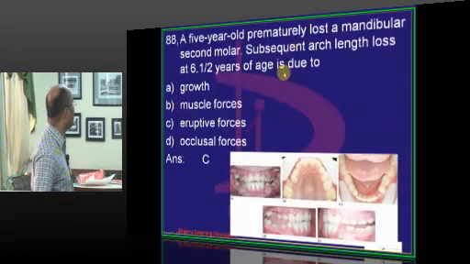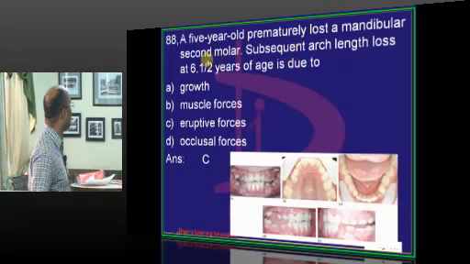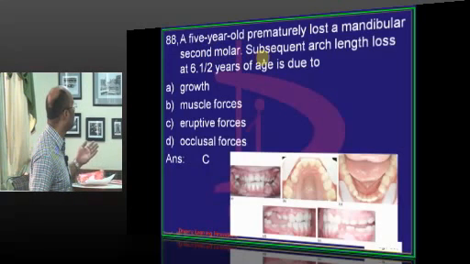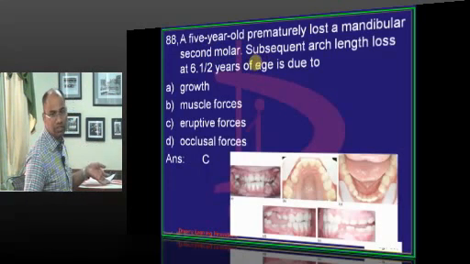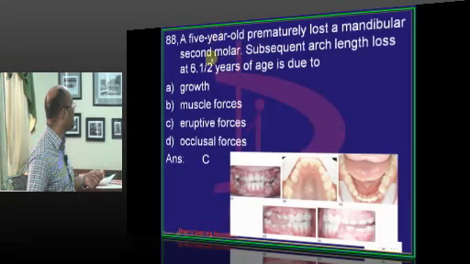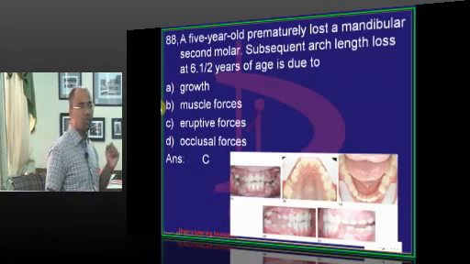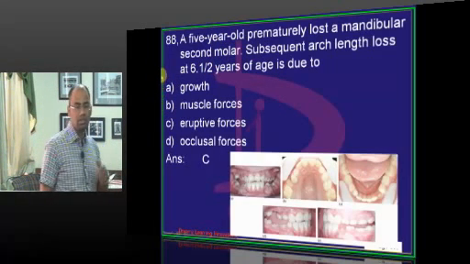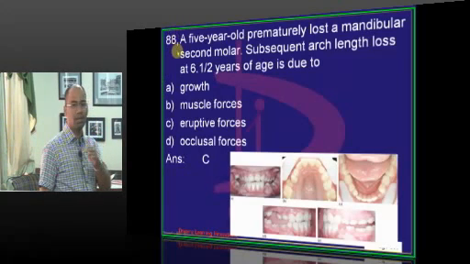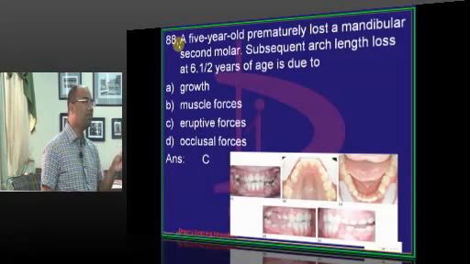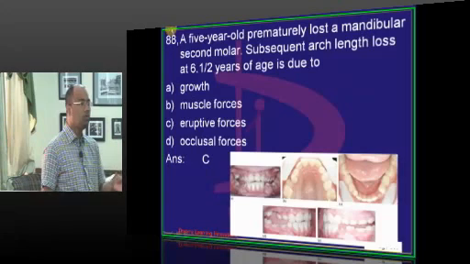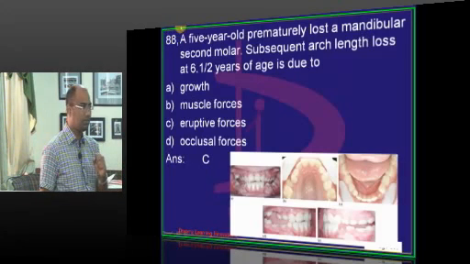A 5-year-old prematurely lost a mandibular second molar. Subsequent arch length loss at 6.5 years of age is due to what? Now, what happens? There is some amount of arch length loss. Why? This is E which is lost. So what will happen to the 6? The 6, that is the first permanent molar, will erupt into the place of E. So you are losing your leeway space of Nance also, isn't it?